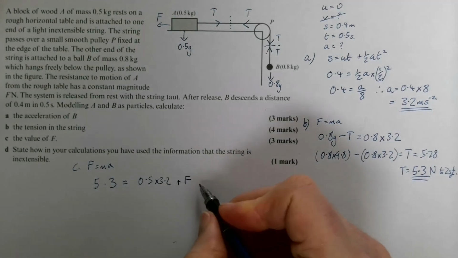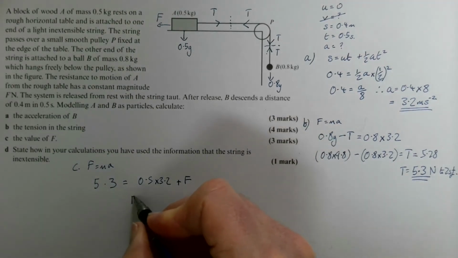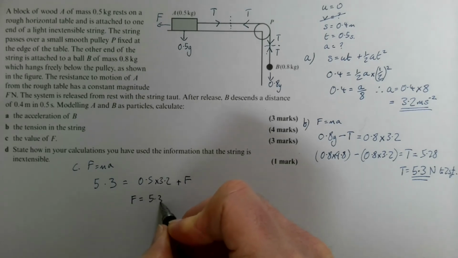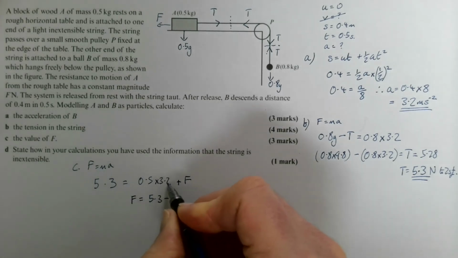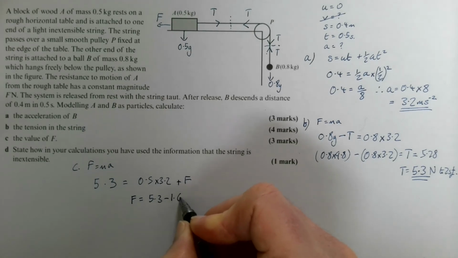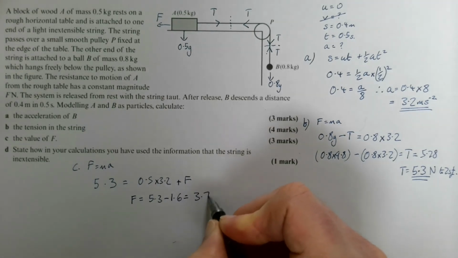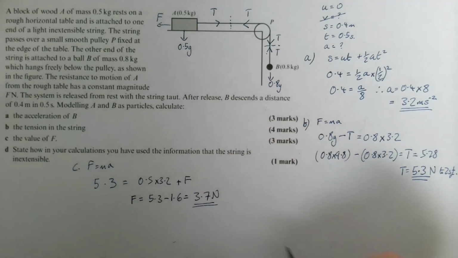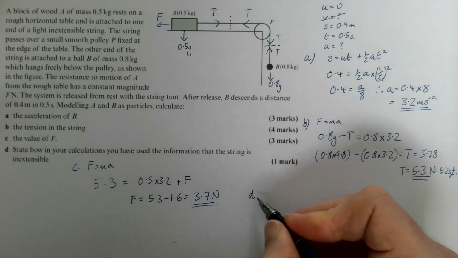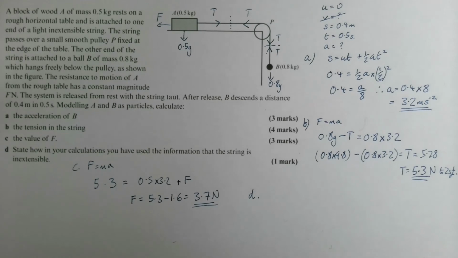So the friction is going to equal 5.3, take half of 3.2 is 1.6, is 3.7 newtons. And then all we've got to do is state how we've used the information that the string is inextensible.